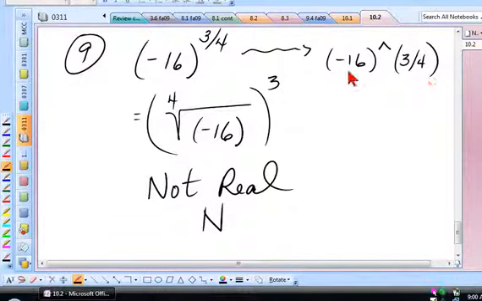And because of the negative nature of this base, when that denominator is even, it knows you're taking a 4th root of a negative number, and it will give you an error message. So if the index is even, and in this case, since it's a fraction, the denominator is the index. If it's even, and the base is negative, automatically not real.